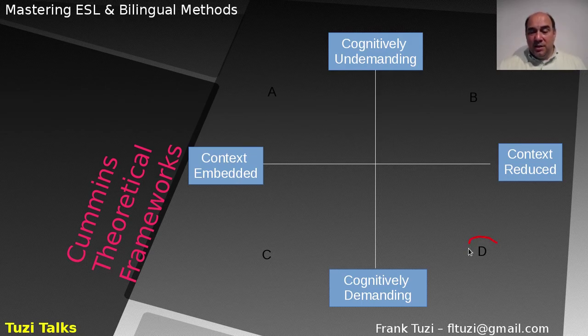The more difficult one is going to be down here at the D level because it's context reduced and it's cognitively demanding, something that's going to require you to think and have more abstract ideas, and also is going to have less context. You can find activities in all four of these areas, but of course the ideal is going to be, at least initially, in this range, and move down and then move across more slowly, and not move to the D region so quickly.